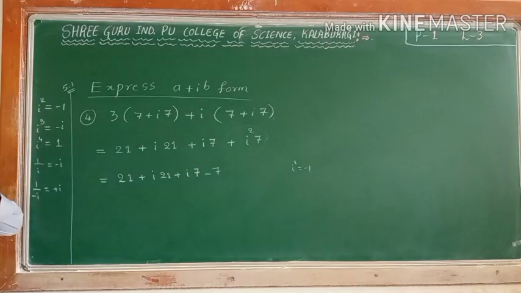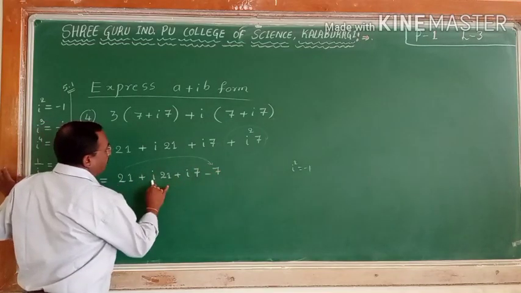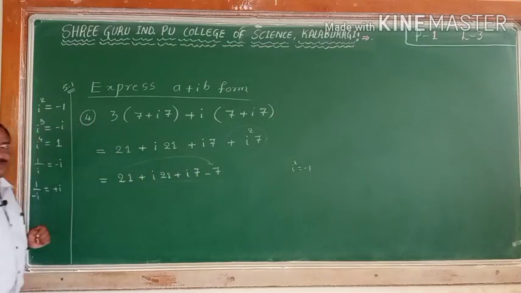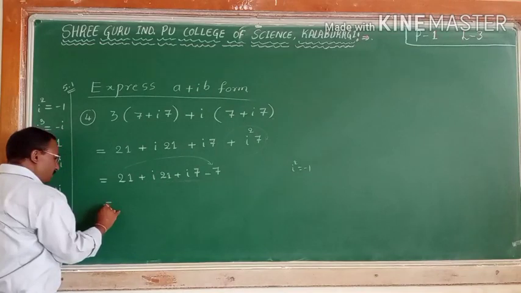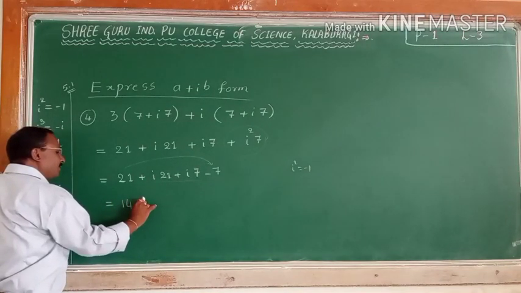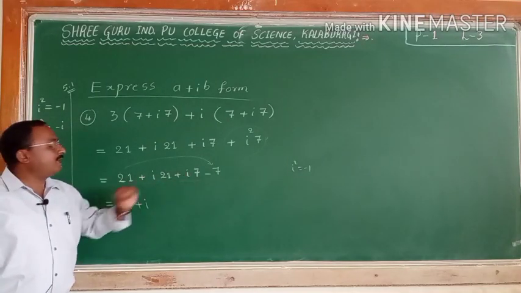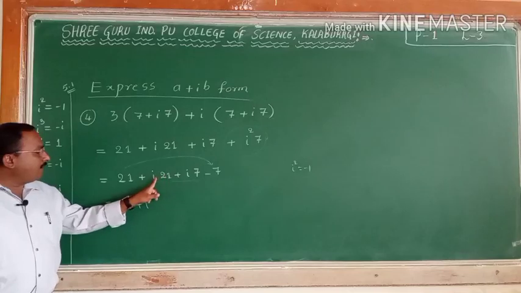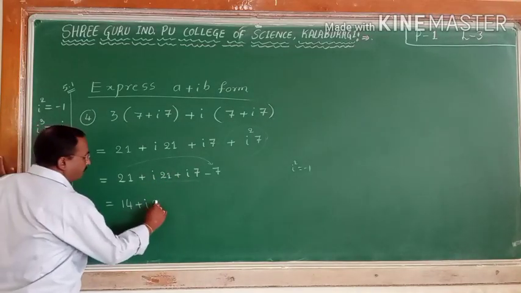Next, these two are real, these two are imaginary. 21 minus 7 is what? 14. Plus i: 21i plus 7i total is what? 28.